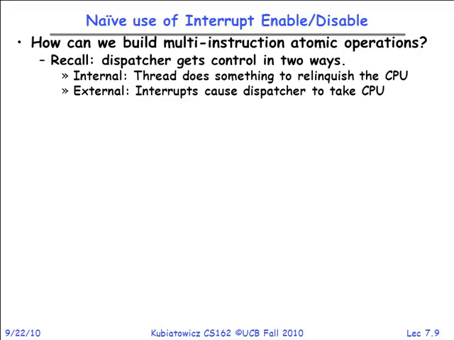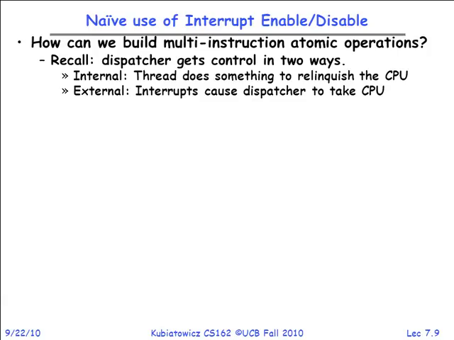What I'm doing by disabling interrupts is preventing the timer from going off and stealing my thread out from under me, stealing the CPU out from under me. So by disabling interrupts, what I'm really doing is preventing the scheduler from switching. Now that's all fine because that gets rid of the external switching we've been talking about.